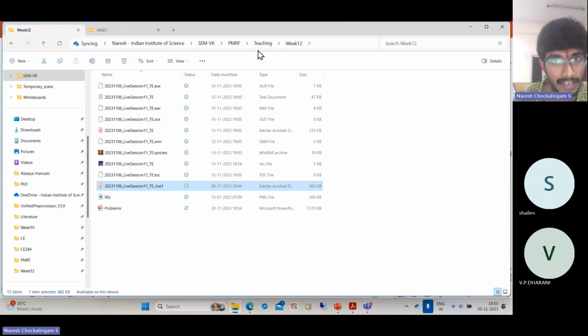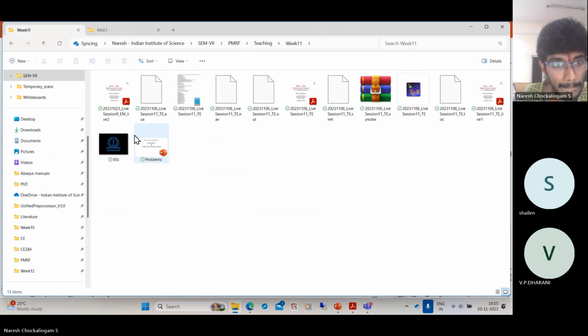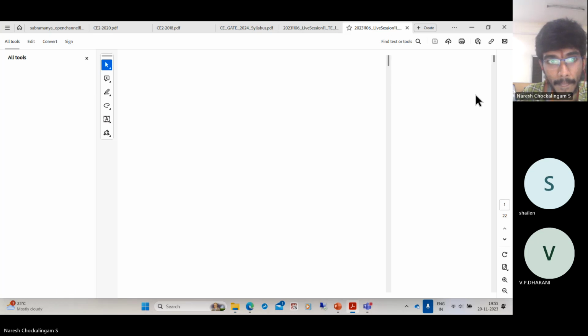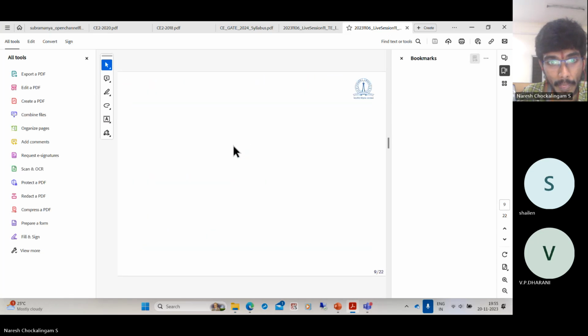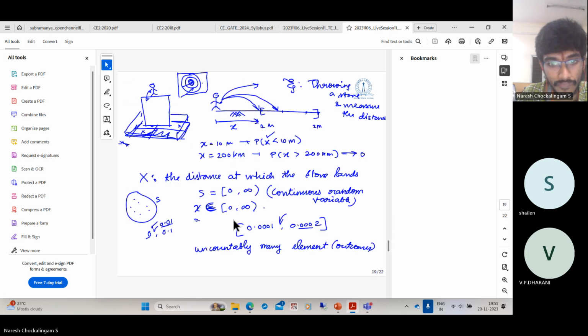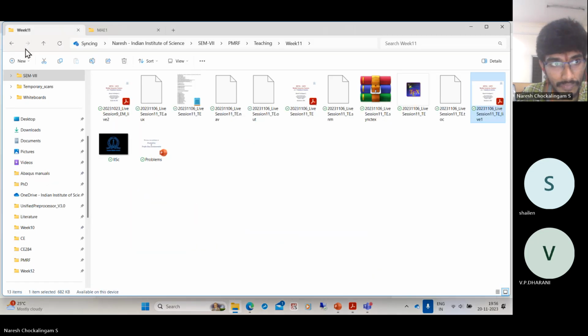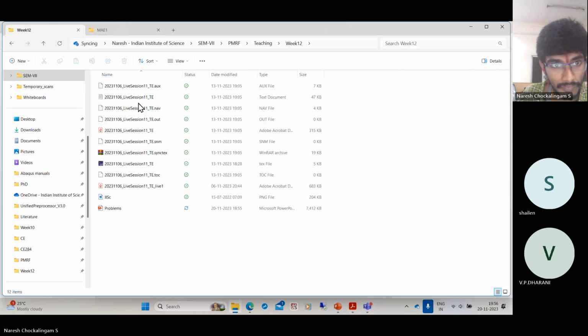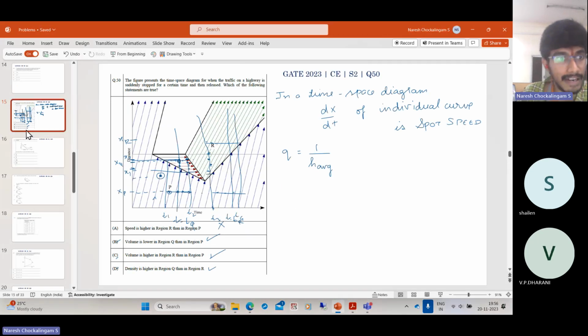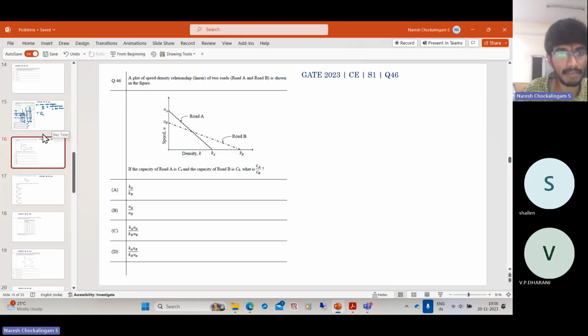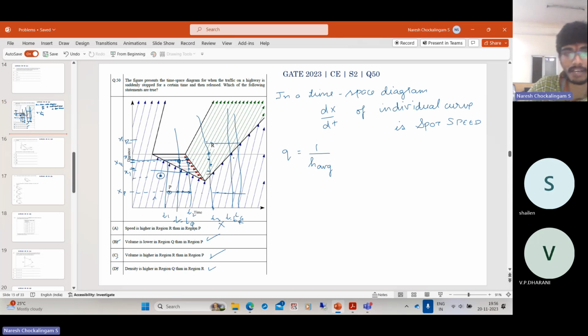Just a minute, I will find it. Okay, I have lost the written notes. It got deleted, but so basically we were looking at the traffic flow parameters.